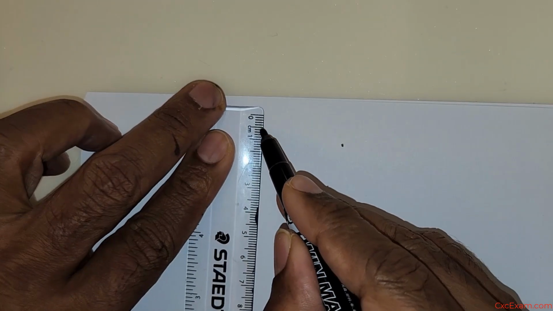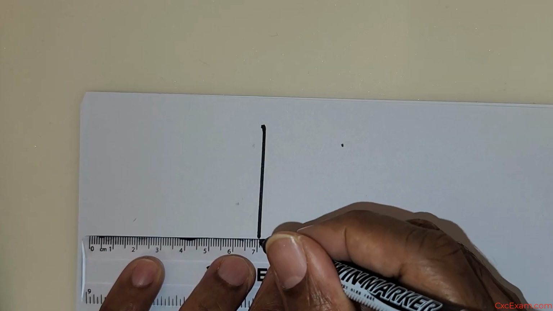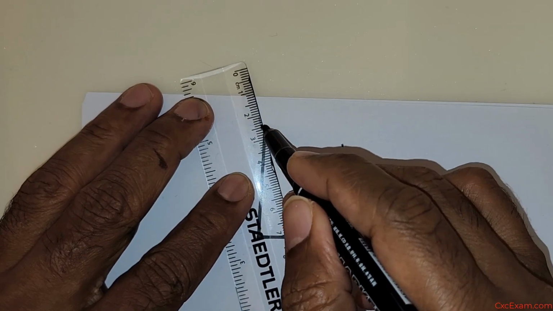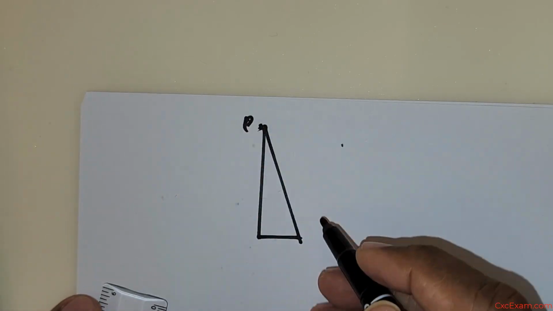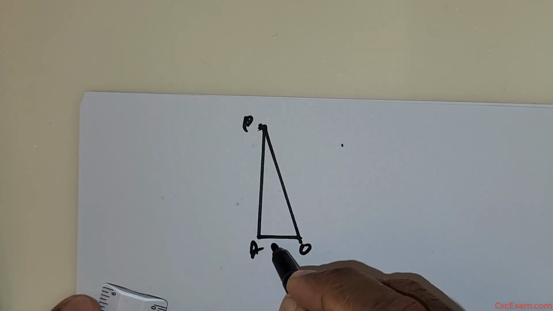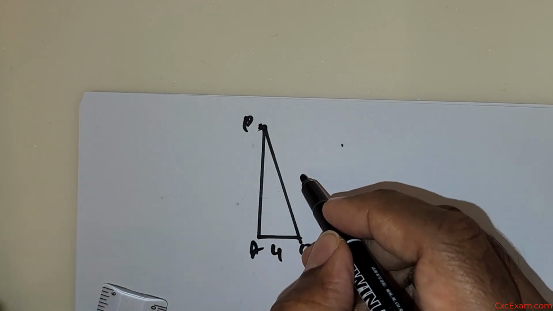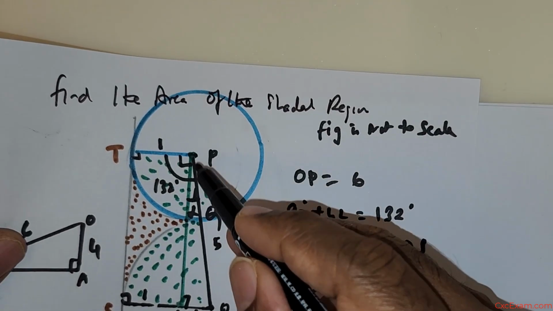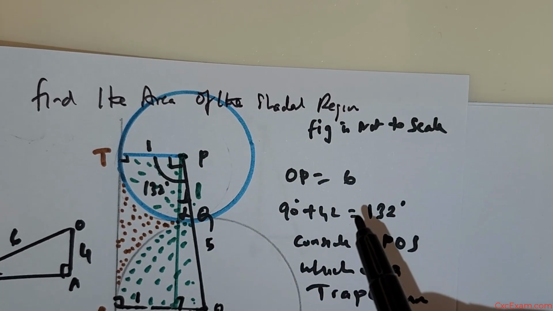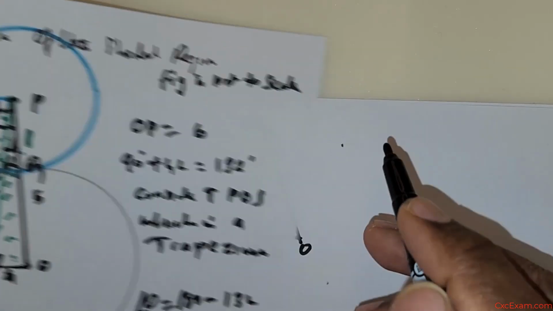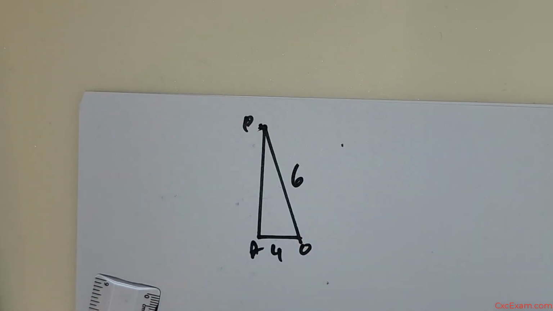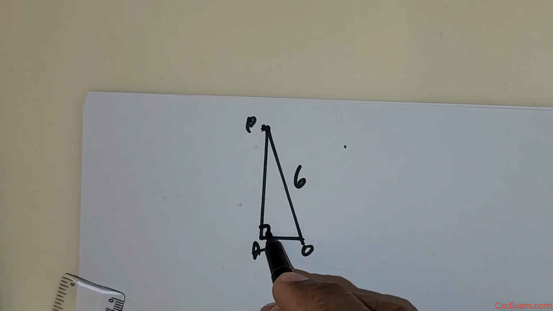So consider, this is how it looks, right? The triangle looks like this. This is P, this is O, this is A, this is 4 units. This entire length is 6 units. Now this is 90 degrees.